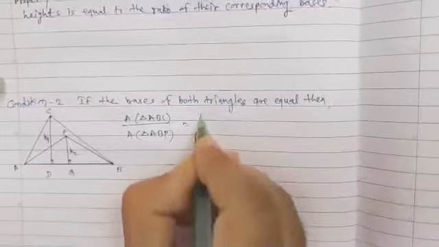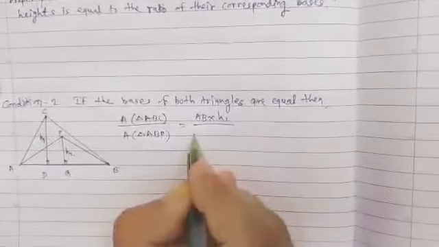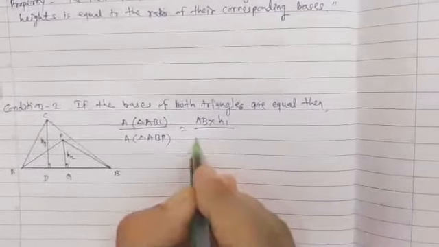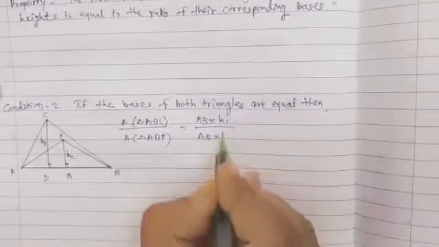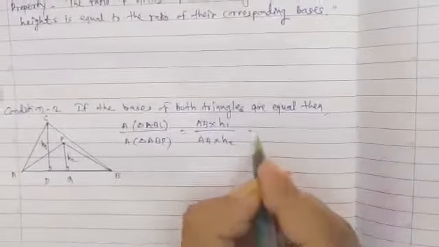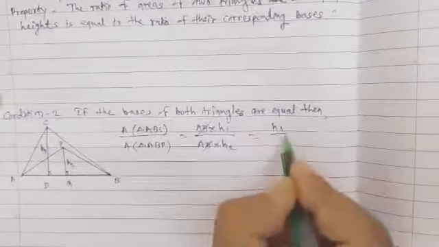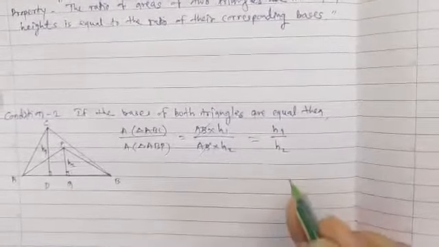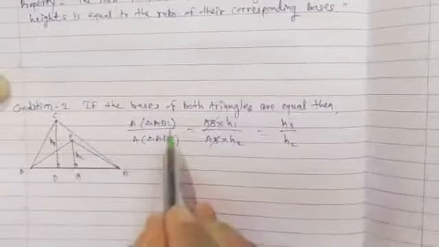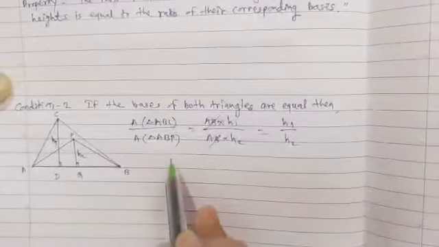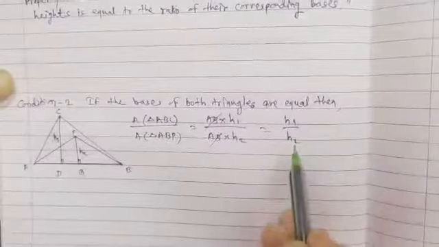So base AB into height H1 divided by the base of triangle ABP, again AB, and height H2. Here AB gets cancelled, so we get H1 by H2, which means the ratio of areas of two triangles with equal bases is equal to the ratio of their corresponding heights.